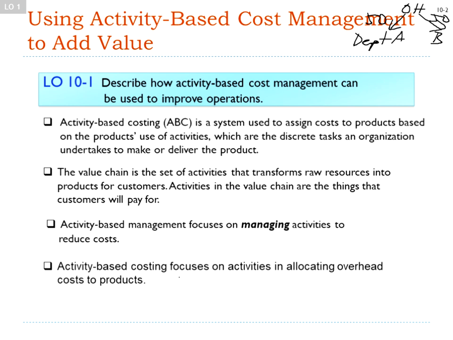And some companies do that, but that might not necessarily be accurate. In some companies, the departments are vastly different. One department might be much more active or do more business than the other department, so to split overhead 50-50 wouldn't be too fair. The company could also allocate based on production.